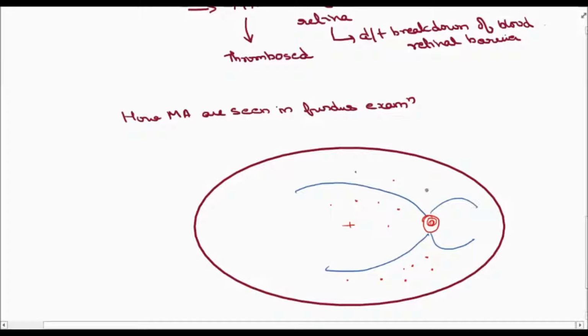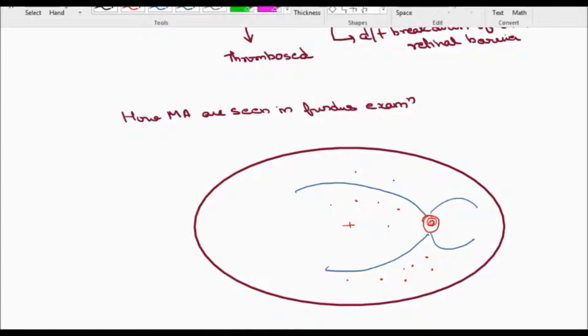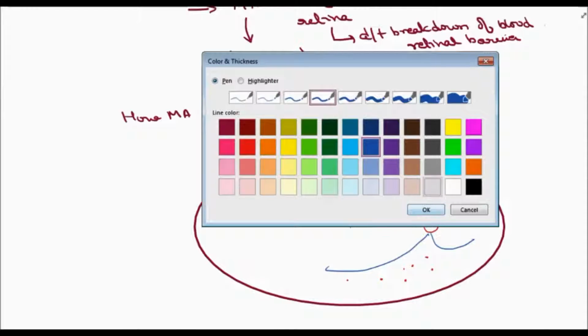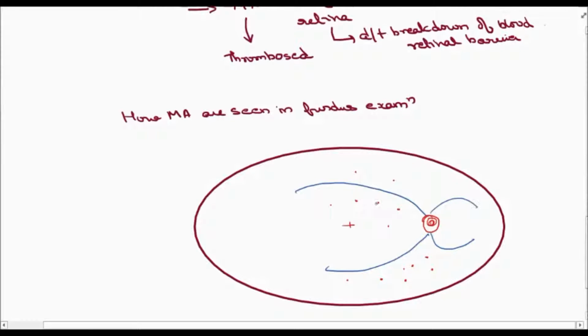But then, if we draw the capillaries, now we can see the difference between dot hemorrhages and microaneurysms.